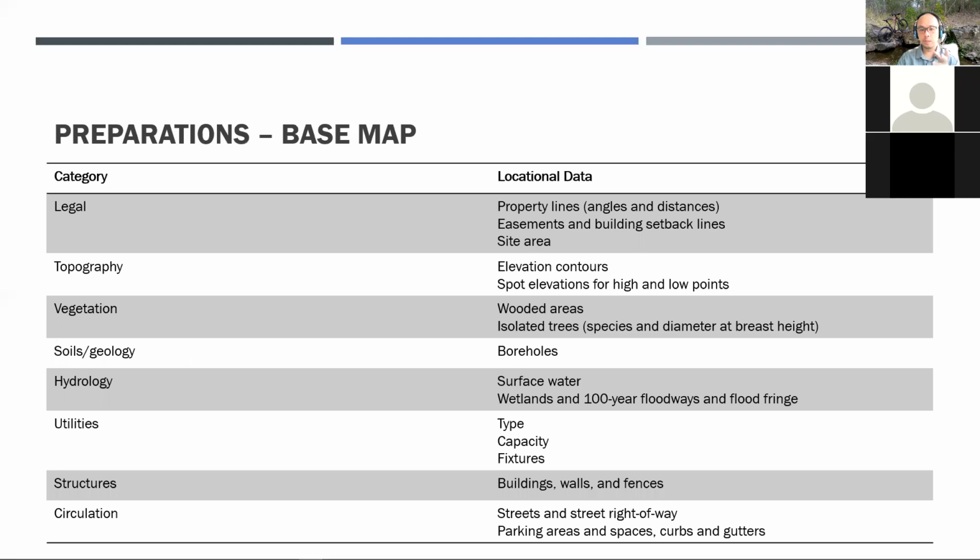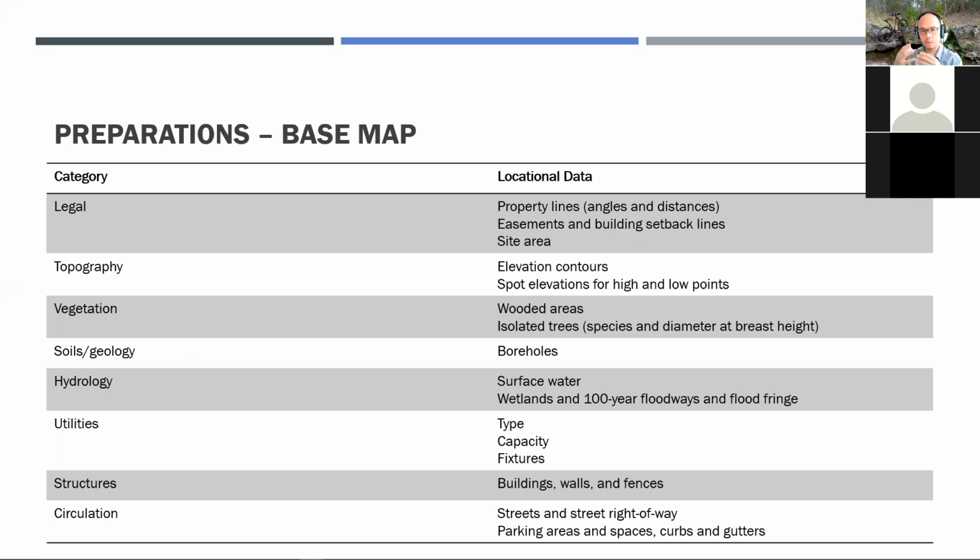Okay, so moving along. One of the first tasks in the site inventory process is to develop a base map. Now, the base map ideally should contain the items that are mentioned in this table before you.